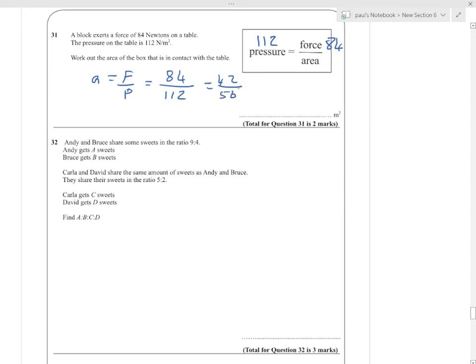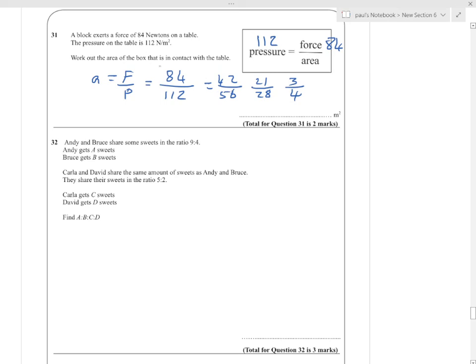I'll make that even smaller: 21 divided by 28. Now I can divide by 7. So that's 3 quarters.